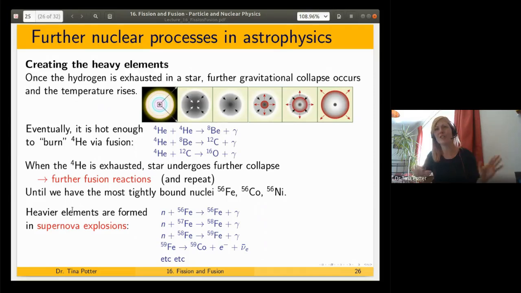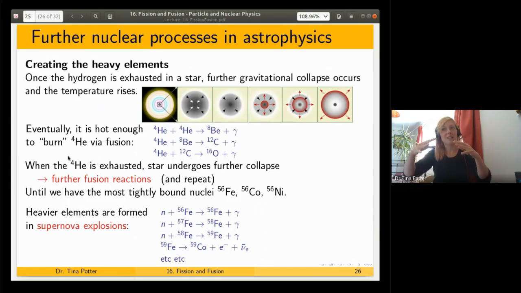So starting off, just to burn together protons or hydrogen into helium, at some point the hydrogen is going to run out, and the star will stop burning so much, and there will be less of an outward pressure from the burning of the hydrogen. Instead the gravitational forces will start to take over, and the star will undergo gravitational collapse.